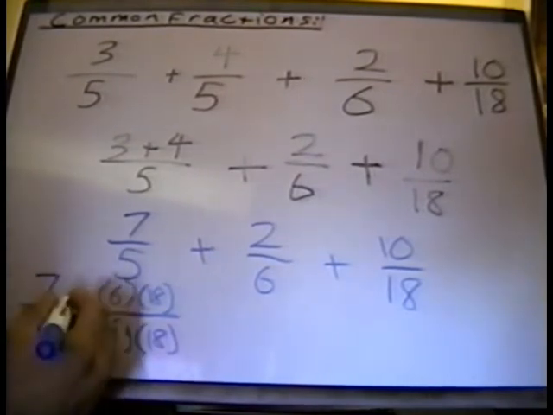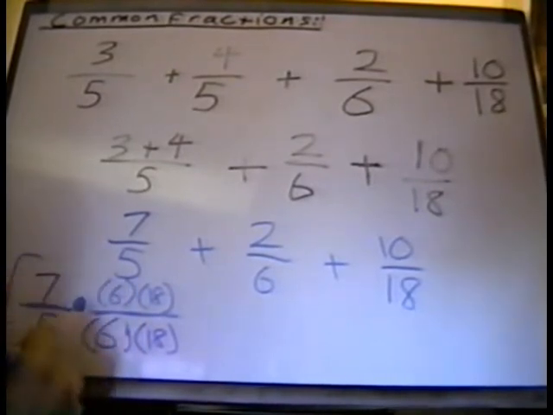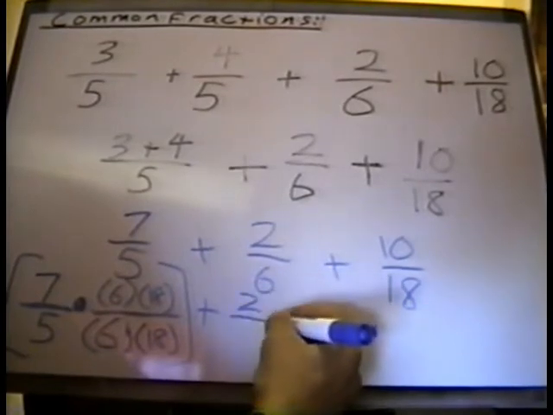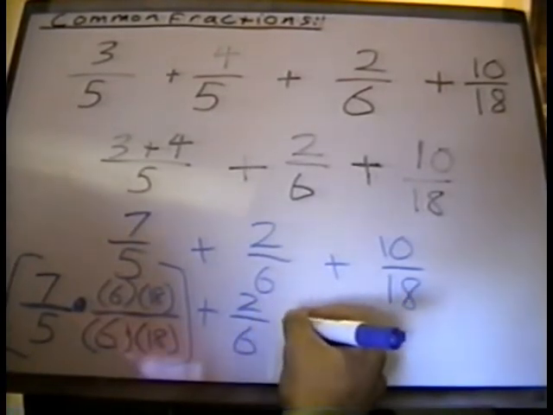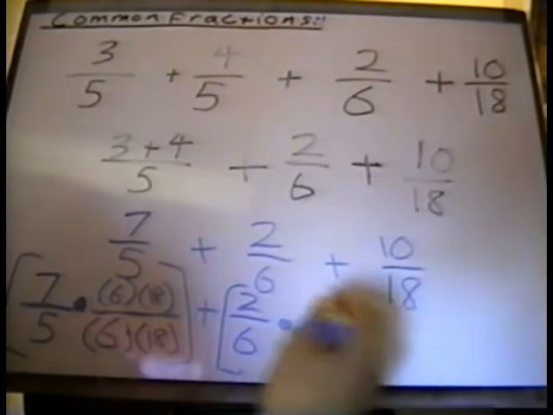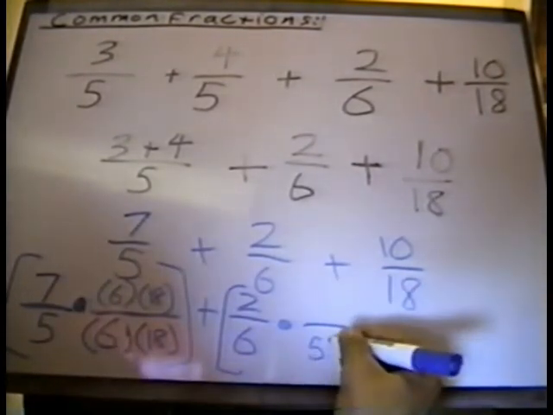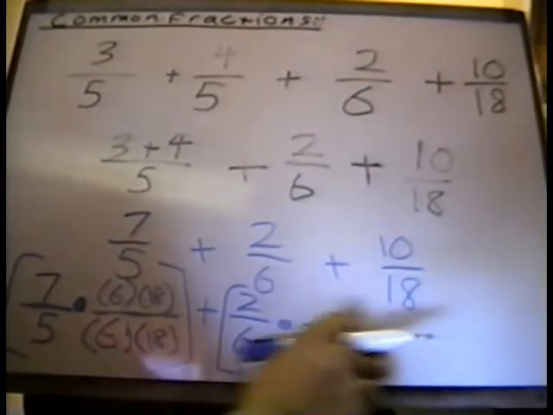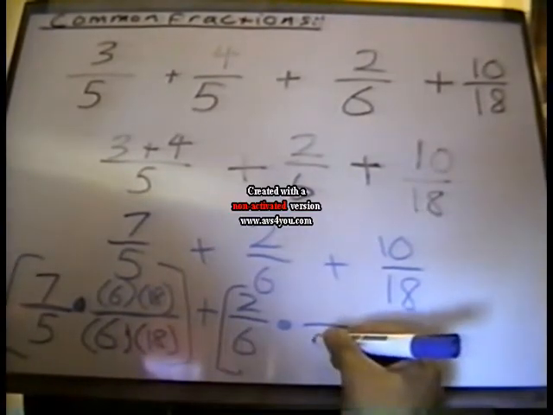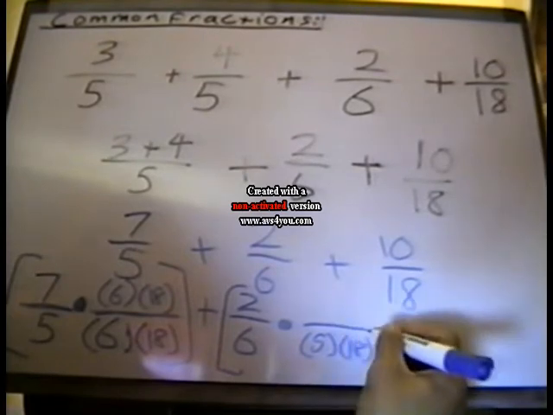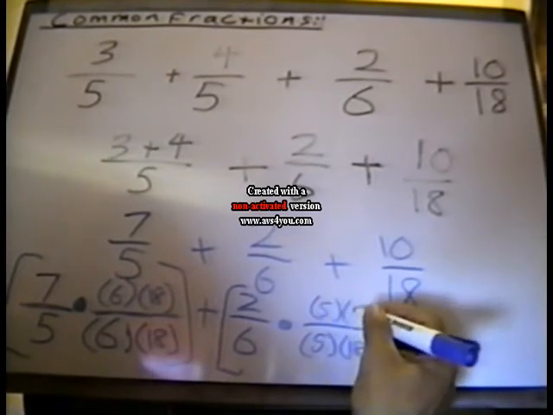Okay? You're going to multiply that. Then you're going to add that to 2 over 6, and you're going to multiply 2 over 6 by 5 over 18, by 5 times 18 over 5 times 18.